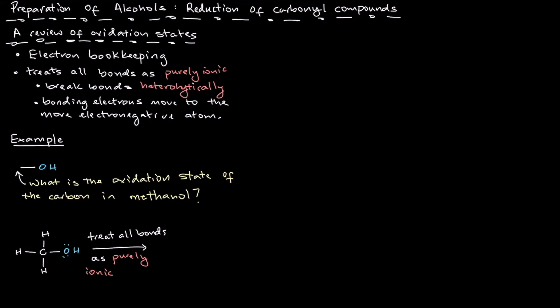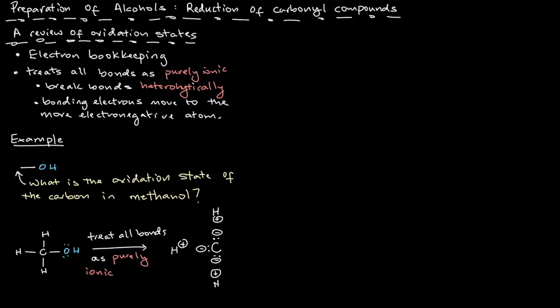So what this is going to mean is, for all three of those C-H bonds, because carbon is more electronegative than hydrogen, to assign oxidation states, one needs to think about those two electrons within the single bond being attached to really just the carbon, which would make the ionic nature be H plus and C minus. And that would mean that carbon would have incurred an oxidation state of -3 from those three hydrogens.